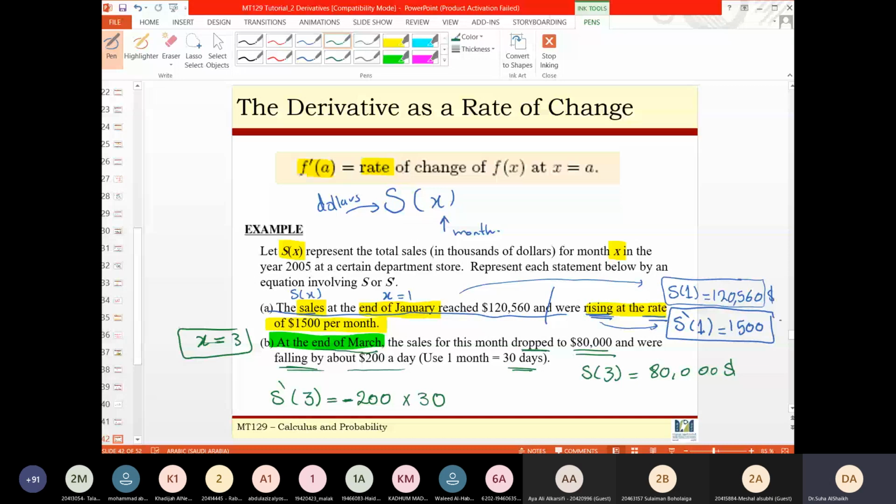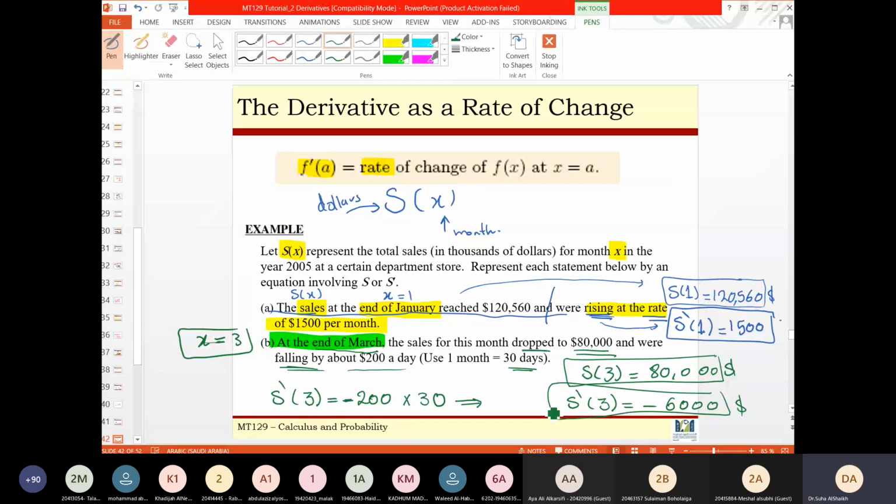S dash at month 3 was minus $6,000, and this represents what we have there. The sales were $80,000, and it was dropping 200 a day, which means 6,000 in a month, which means minus 6,000.